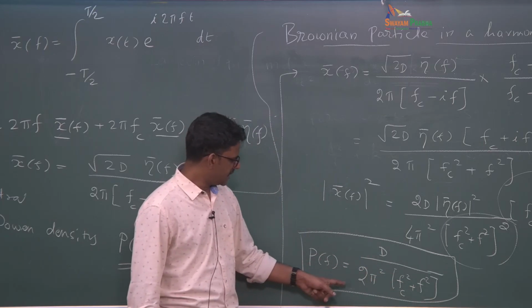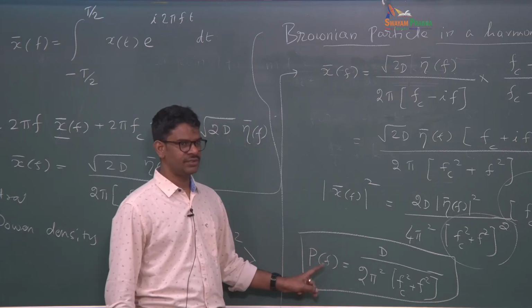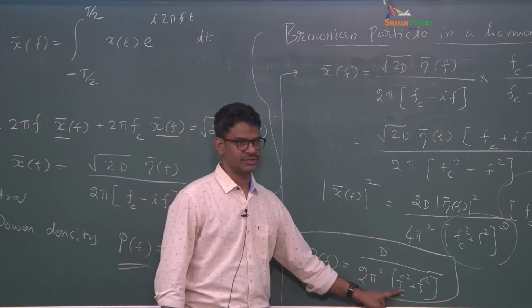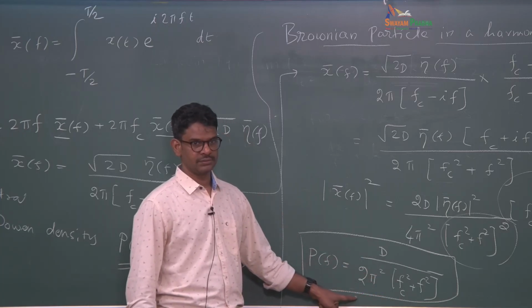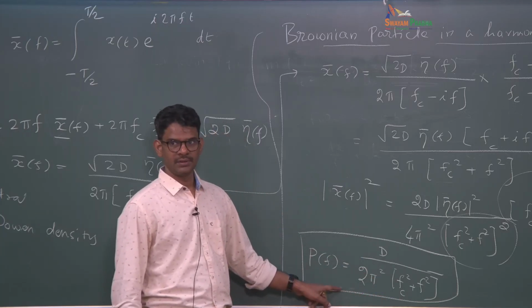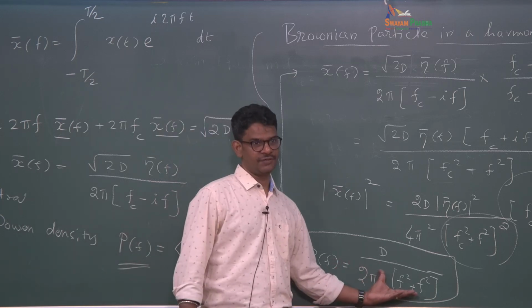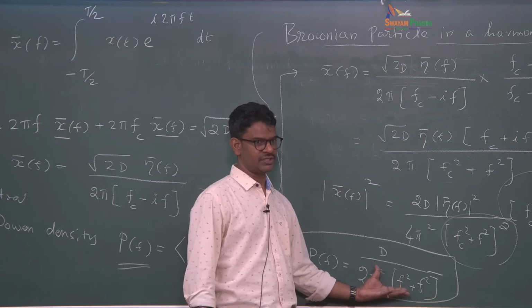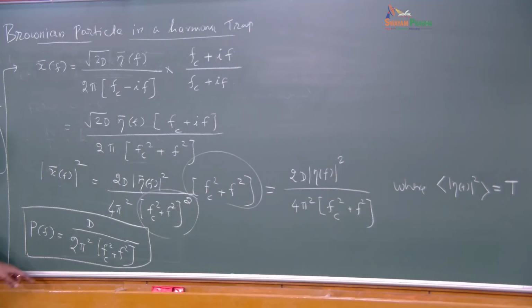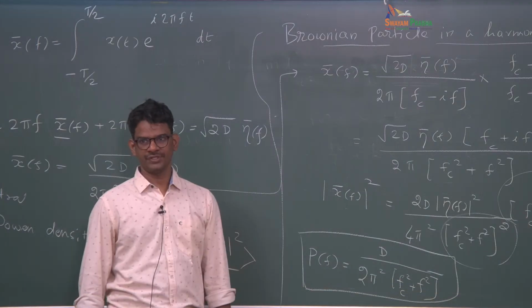What we are saying is that the power spectral density depends on the frequency f by this function. Okay, do you recognize this functional form? This is in the Lorentzian form. Okay, so the Lorentzian function has this kind of a formula, and this fc here is a characteristic frequency which is defined based on the spring constant kappa and damping coefficient gamma and so on.